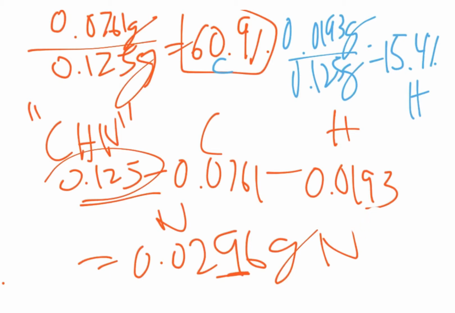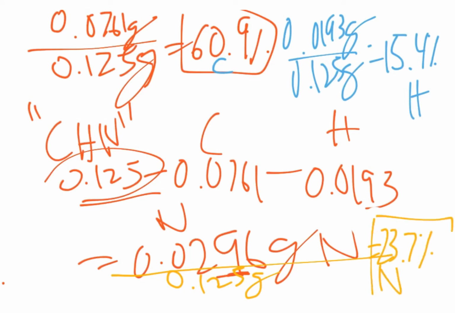So 0.0296 grams of nitrogen over 0.125 grams of the compound. Dividing these two and converting it to percent, we get 23.7% nitrogen. So these are our 3 mass percentages, and let's see if they add up to 100. 60.9 plus 15.4 plus 23.7, I get exactly 100%.